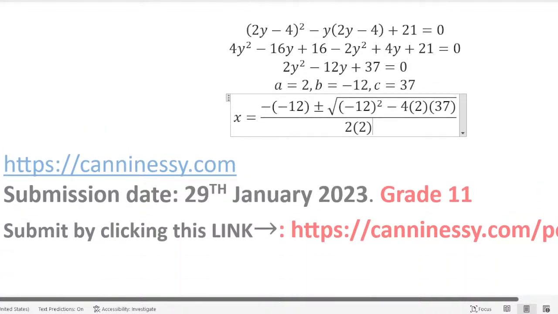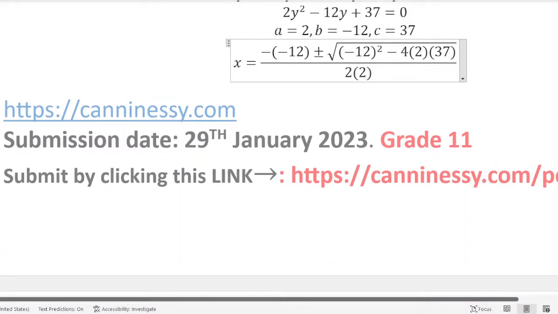So here we have two possible values. Let me copy this one.